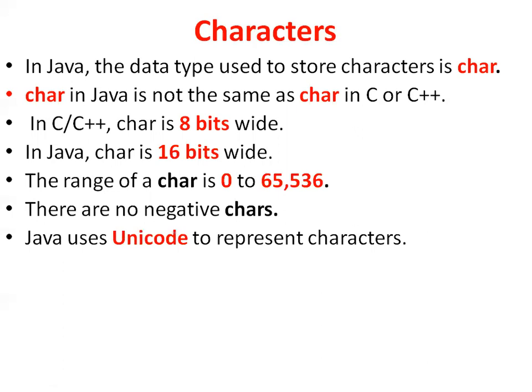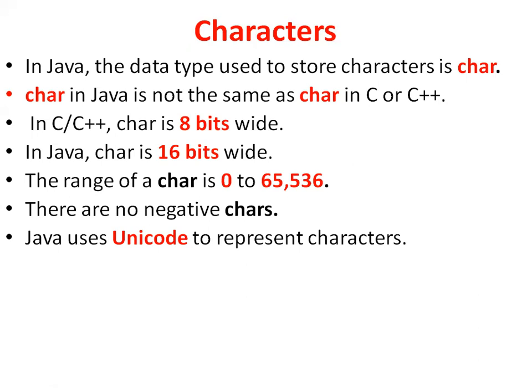That is very important, because Java uses Unicode to represent characters, whereas C uses ASCII code, which is 8 bits long. 8 bits means only 255 symbols we can represent. But Unicode means all the universal symbols of all the languages, like German, French, and all other natural spoken languages.